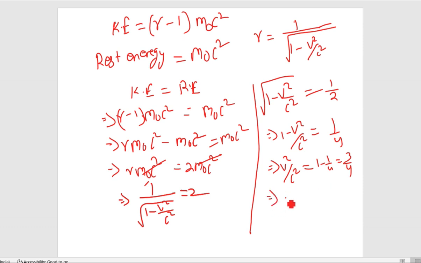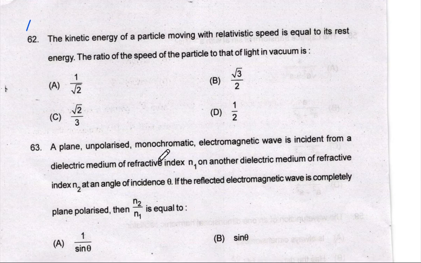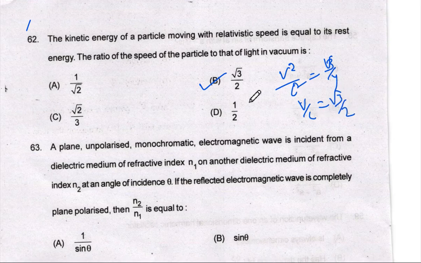So v is equal to root 3 by 2 into c. Checking the options, it is root 3 by 2 into c. The ratio of speed of the particle to the speed of light, v by c, is root 3 by 2.